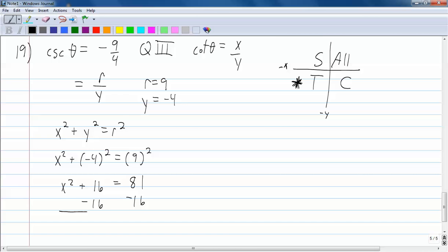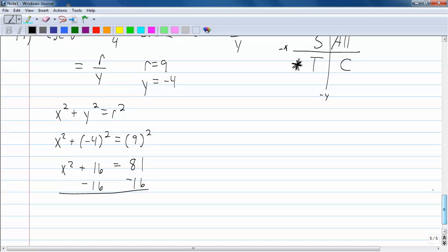To solve for x squared, we subtract 16 from both sides. So I get x squared equals 65. Take the square root of both sides. This is where we would usually get plus or minus the square root of 65. But we know we're in the third quadrant, so we just need the minus. So it's negative square root of 65.